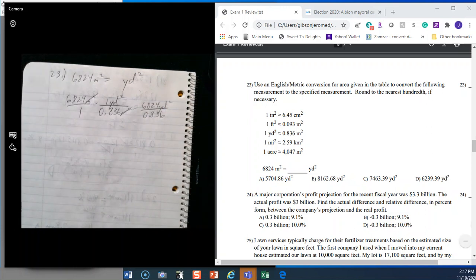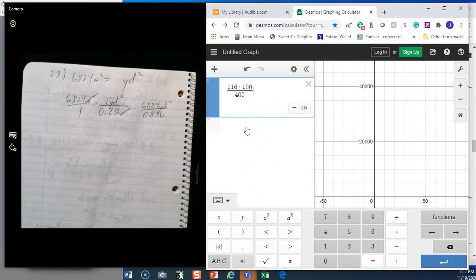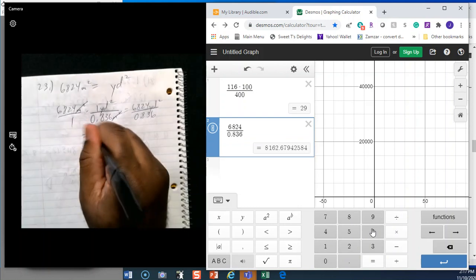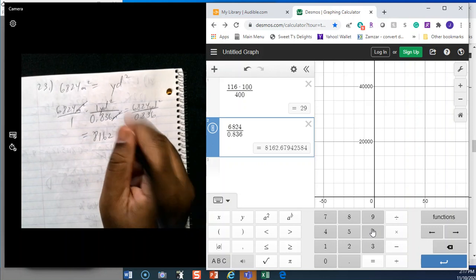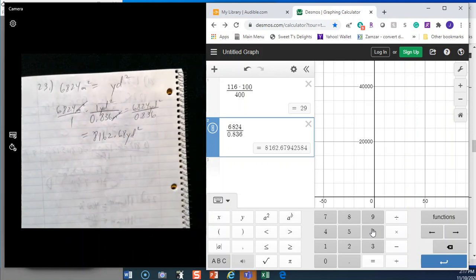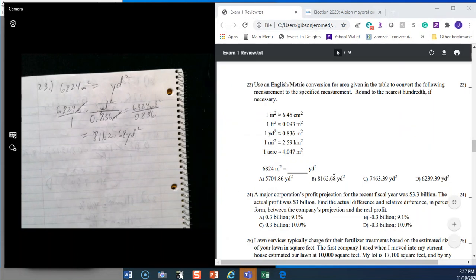Now we will put this in our calculator: 6,824 divided by 0.836. This will give us 8,162.68 square yards, and that will be B.